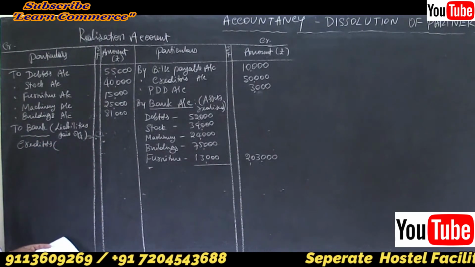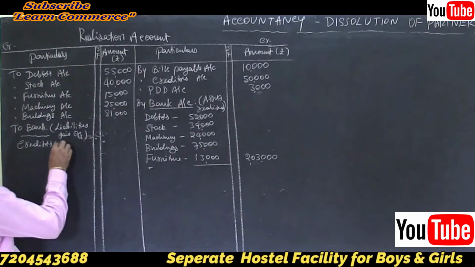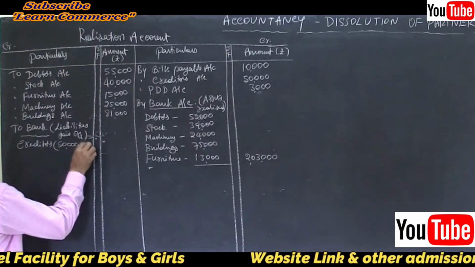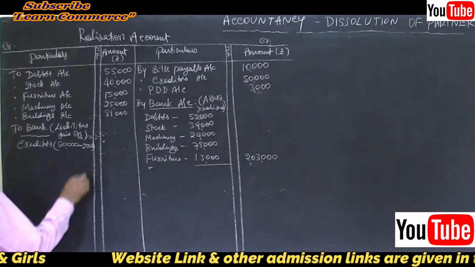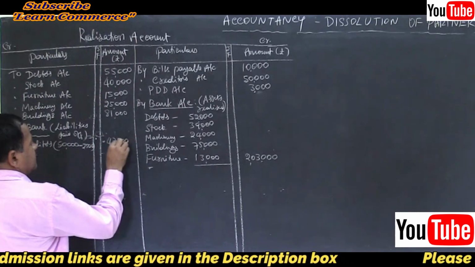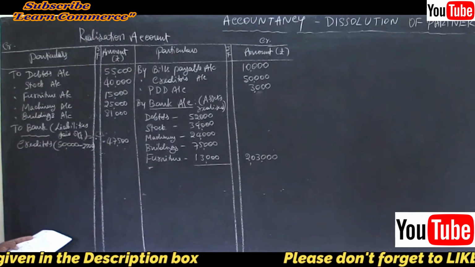Right here, 50,000 minus 5%, right? Minus 2,500. 5% means 2,500. So, 47,500. Then what?